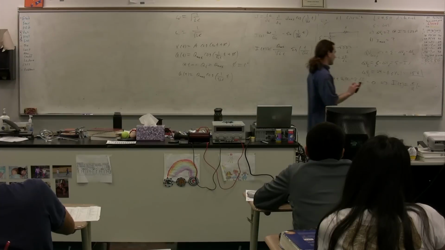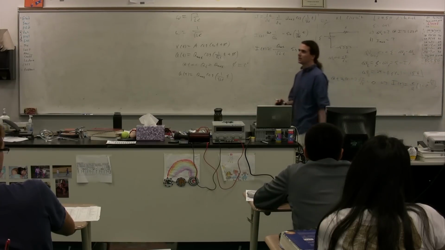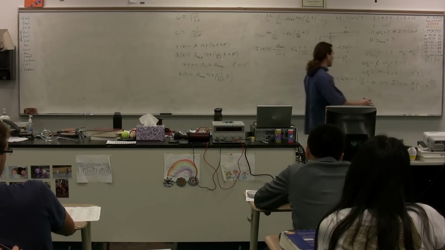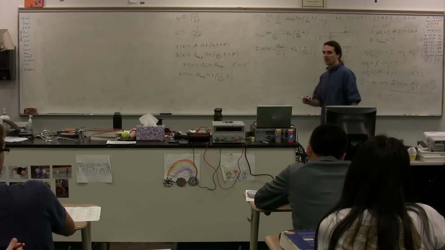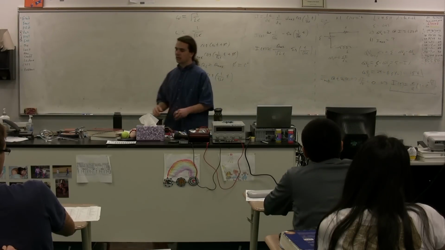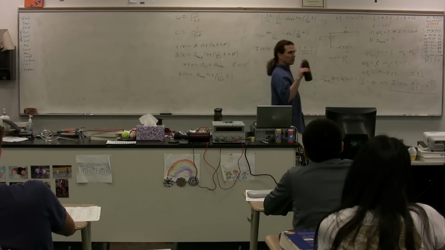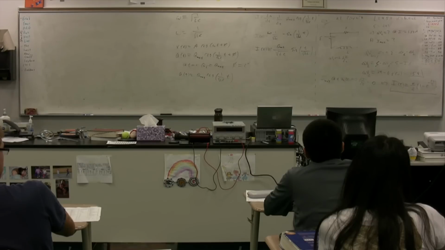Now, I'm going to stop you for a second, because this is where most people go when we start this problem. We took all this time to derive this long equation, and we could derive it again, but as AP students, you like to make things harder than they actually are.